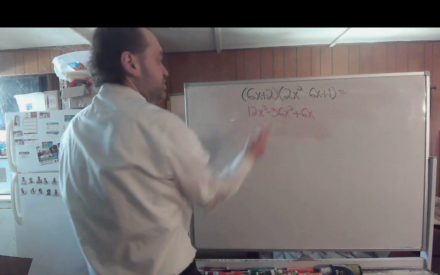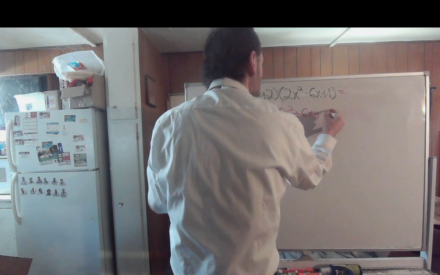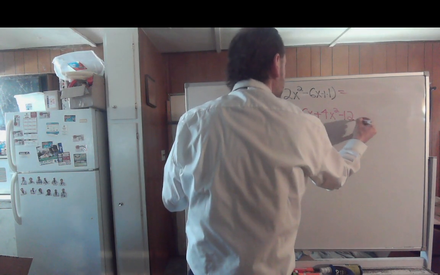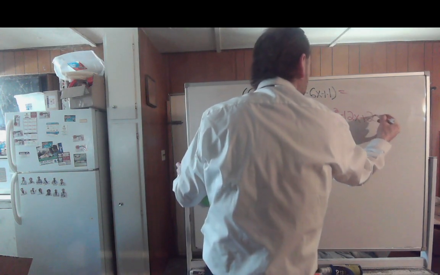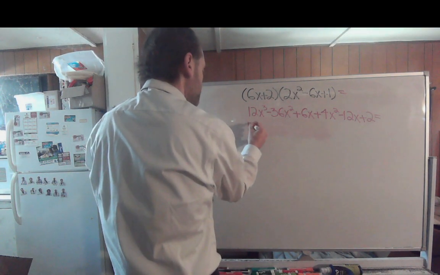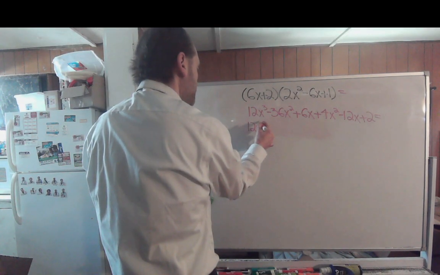Then 2 times 2x squared, that'd be plus 4x squared. Then 2 times negative 6x, that'd be minus 12x. And then 2 times 1, well, that's just plus 2. Now just add all these up. Well, you have only one x to the third term, so you'll have 12x to the third.